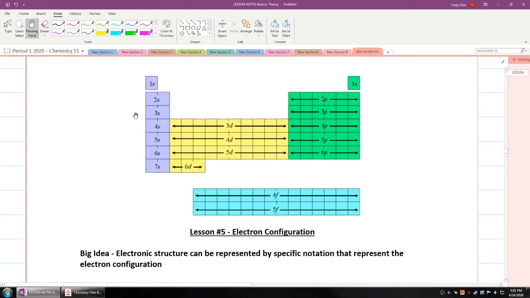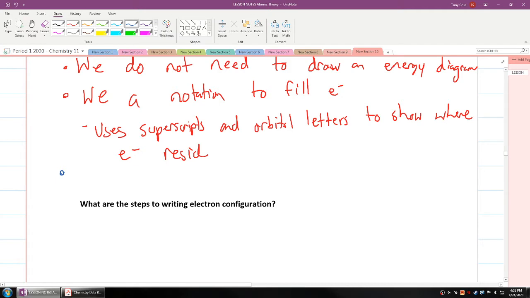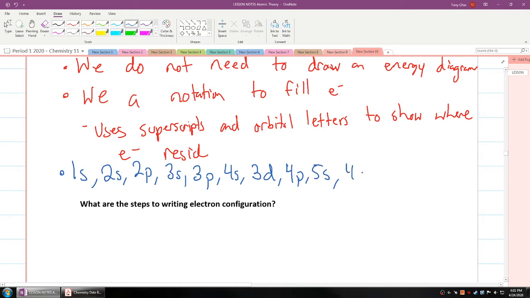Because it goes 1s, 2s, 2p, 3s, and so forth, the fill order goes: 1s, 2s, 2p, 3s, 3p, 4s, 3d, 4p, 5s, 4d, 5p, 6s, and so forth.